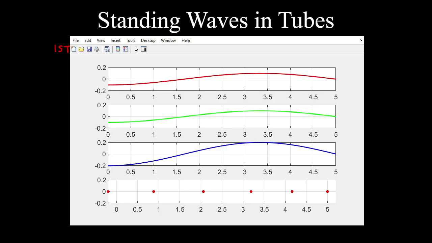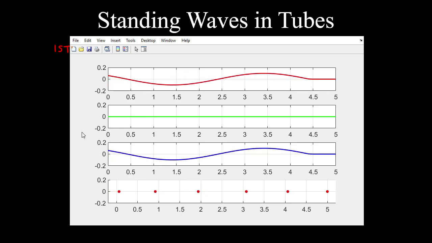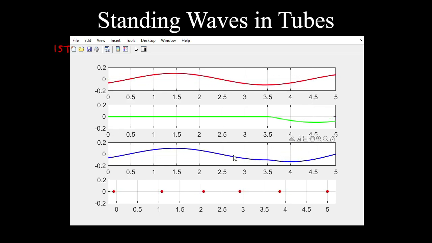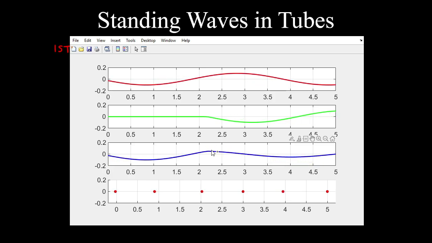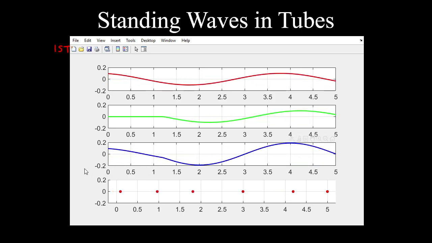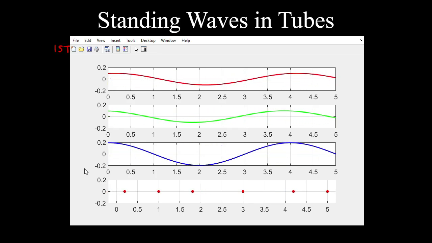And if we go to our next harmonic, again we can see the gradual interference between the incident and reflected waves to create another standing wave.